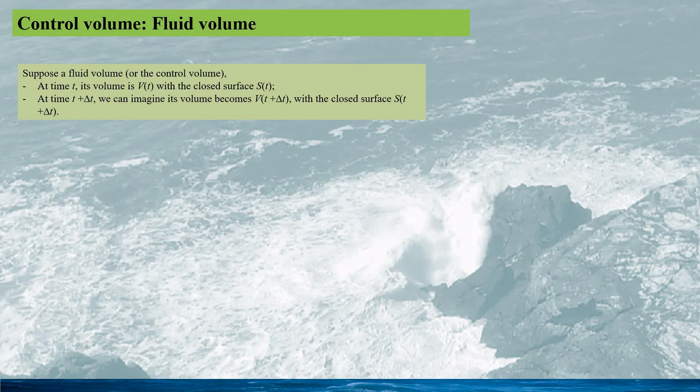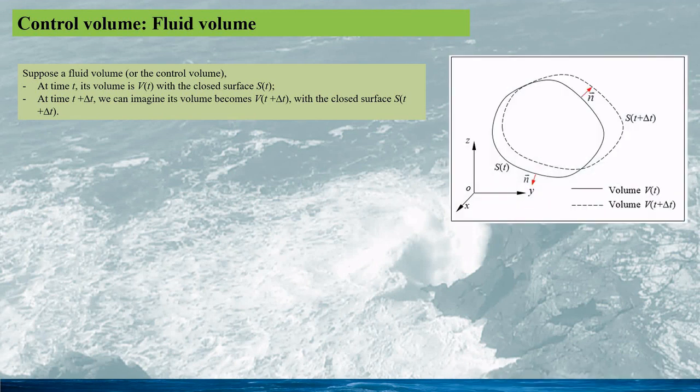To derive Reynolds transport theorem, we can consider the fluid domain or the control volume. At the time t, the fluid volume is represented by V(t) and its closed surface S(t). We can imagine at the time t plus delta t, the volume would become V(t+Δt), and the enclosed surface would be S(t+Δt).